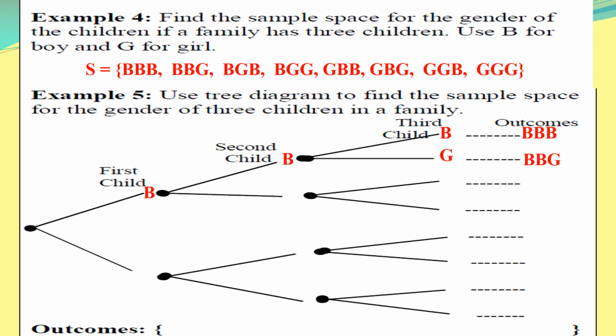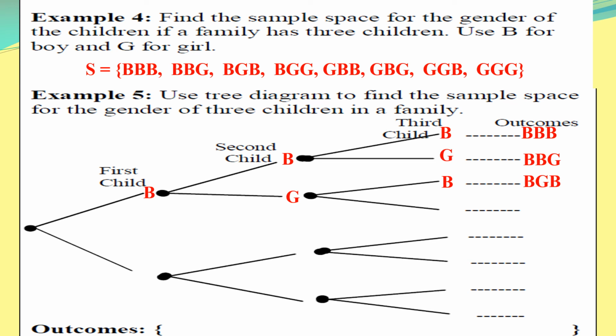If the first child is a boy, second child is a girl, and the third child is a boy, then the outcome is boy, girl, boy.